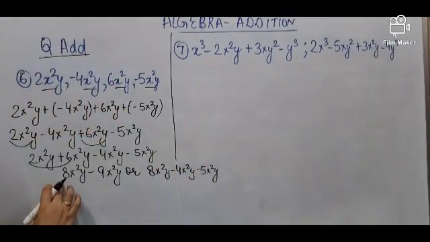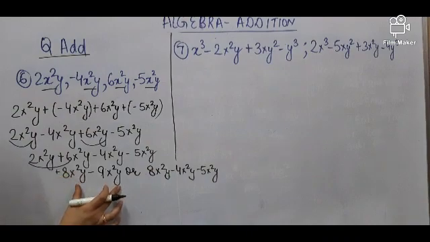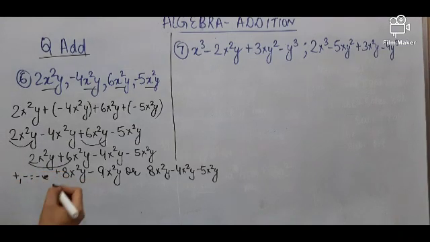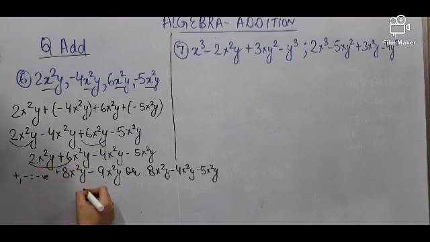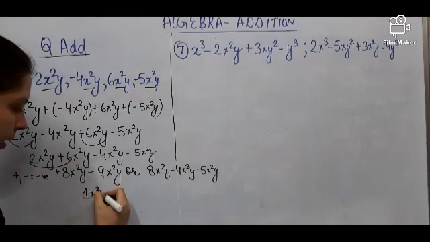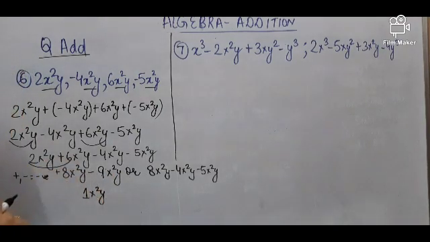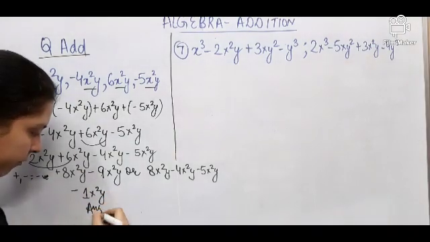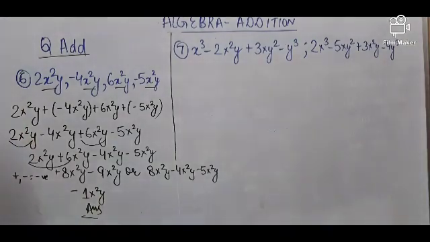Now 8 is positive here and 9 is negative here. I told you that the result of one positive and one negative takes the sign of the bigger one. So 9 minus 8 is 1x square y, and as 9 is preceded by a negative sign, your result will be negative: minus 1x square y.